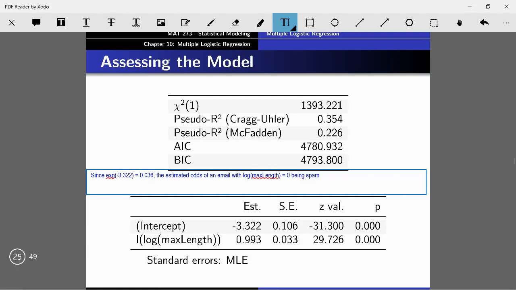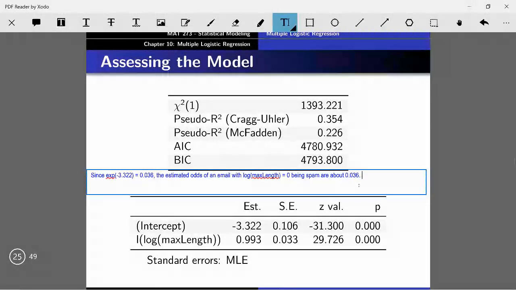So here, that is log max length. So the estimated odds of an email with log max length equal to 0 being spam are about 0.036. Okay. So pretty low. The odds of the email being spam are very small if it has a log max length of 0.